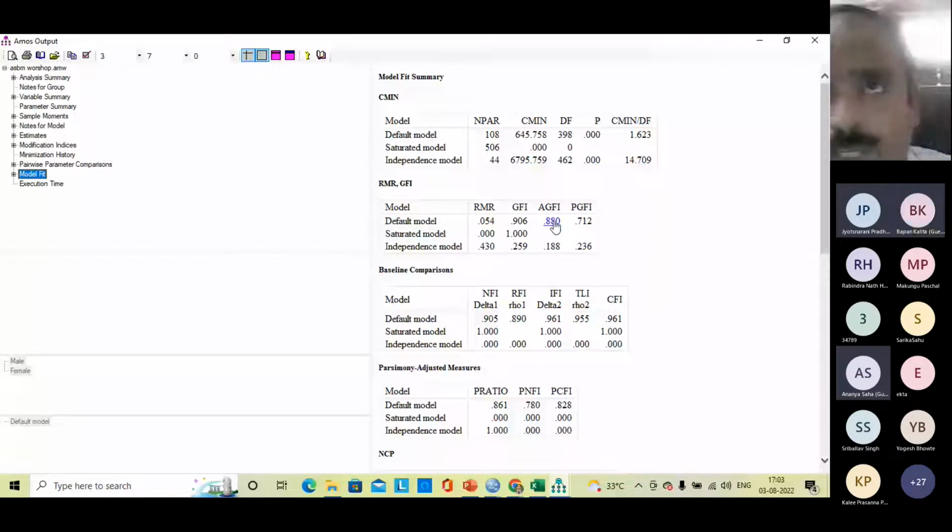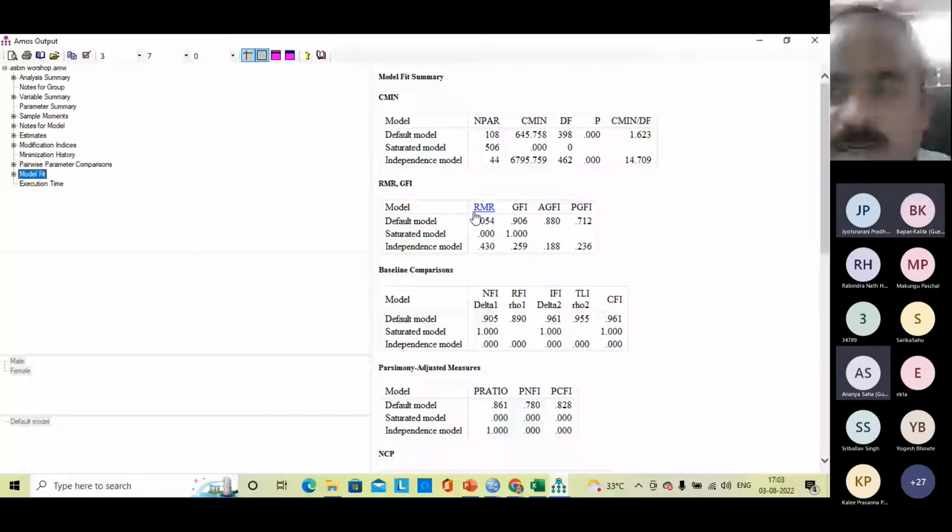In my fourth session, I have explained the modification indices. If you do the modification indices, happily it will increase from 0.88 or 0.89 to 0.90, 0.91. RMR will be very okay if it is less than 0.05, but if it is less than 0.08 also, it can be accepted. So here it is less than 0.08.